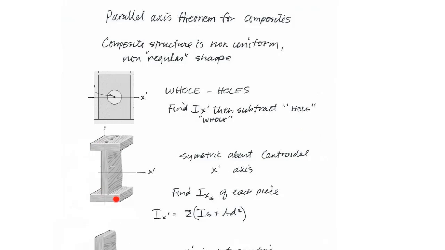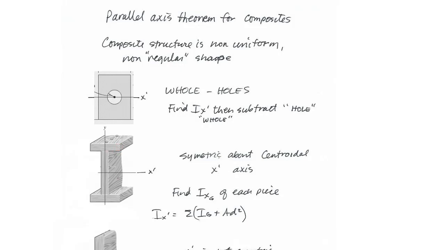If you happen to have a composite structure that looks like this, it is uniform about the x prime axis. In other words, everything above looks pretty much the same as everything below. It's pretty easy to see the x prime axis, which is the centroidal axis. It's also pretty easy to see that this part is already on the x prime axis, whereas these two parts have to be calculated using the parallel axis theorem to be put onto that axis.